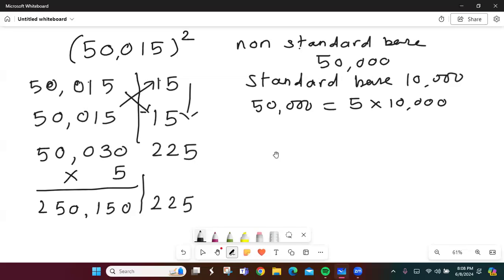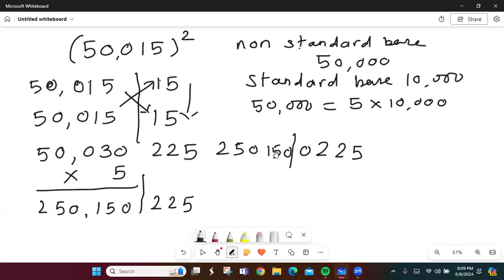Now keep it in mind that the standard base here is 10,000. That means there should be 4 digits in the right partition. So I will write the 225 as 0225, because there should be 4 digits here, and the remaining number 250150 here.